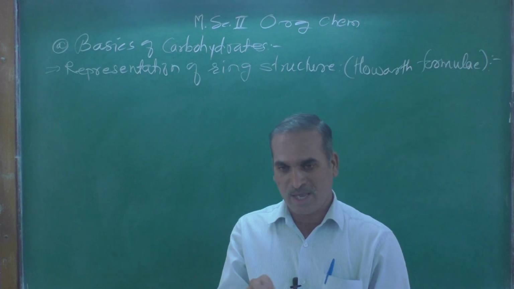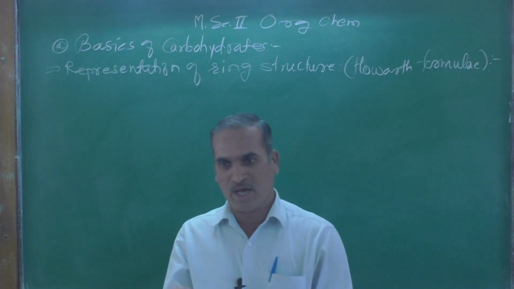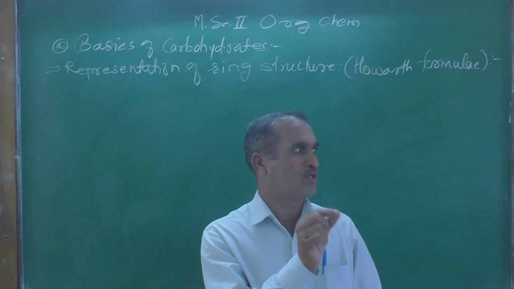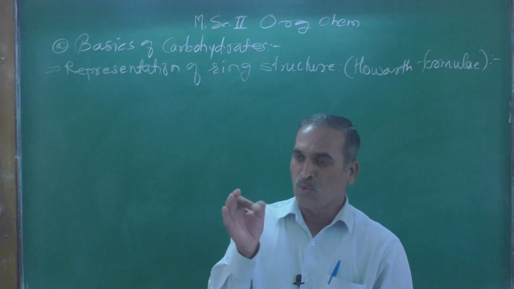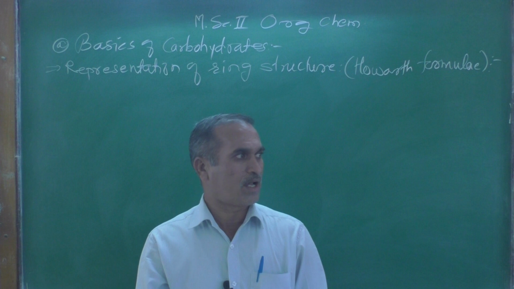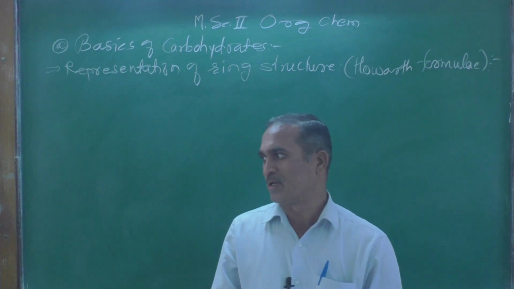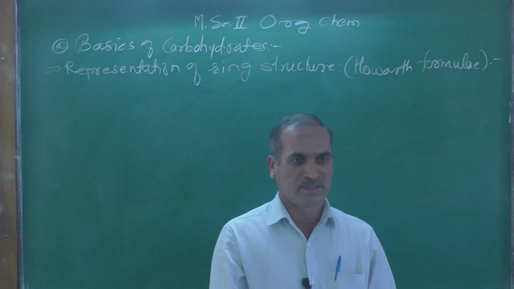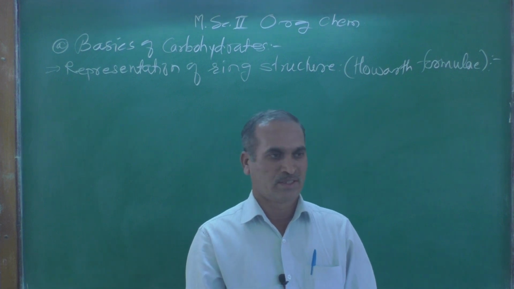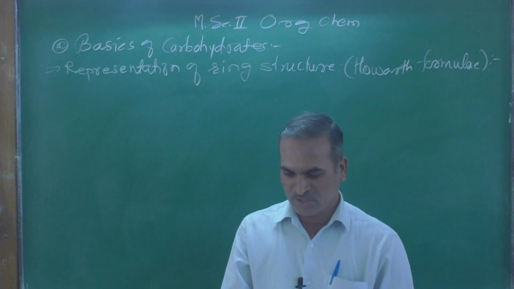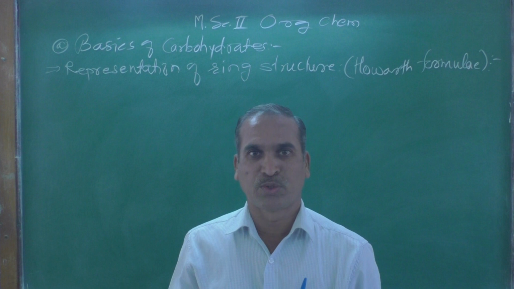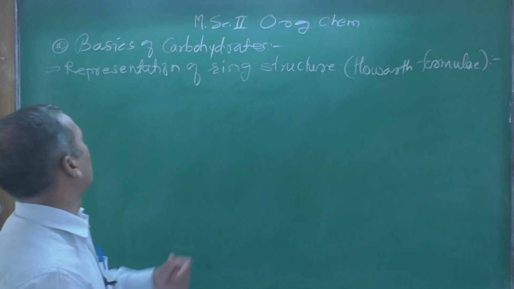The optical isomers which differ in configuration only at one carbon atom, specifically the anomeric carbon atom C1, and that type of diastereomers are known as anomers of each other. So now what we are going to discuss today is this one.